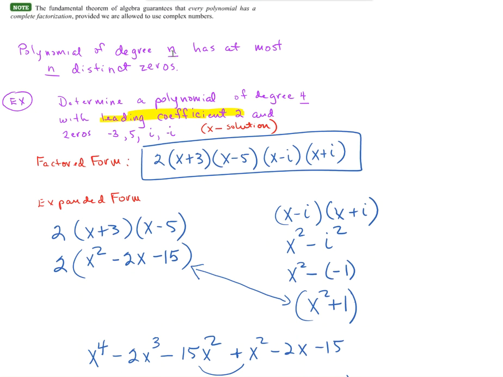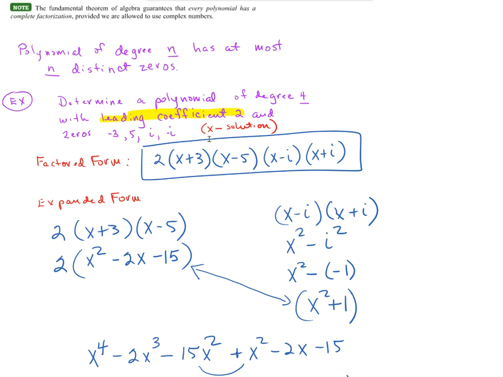A polynomial of degree n has at most n distinct zeros, n distinct solutions. Determine a polynomial of degree 4, so it should have 4 factors, with leading coefficient 2 and zeros of -3, 5, i, and -i.